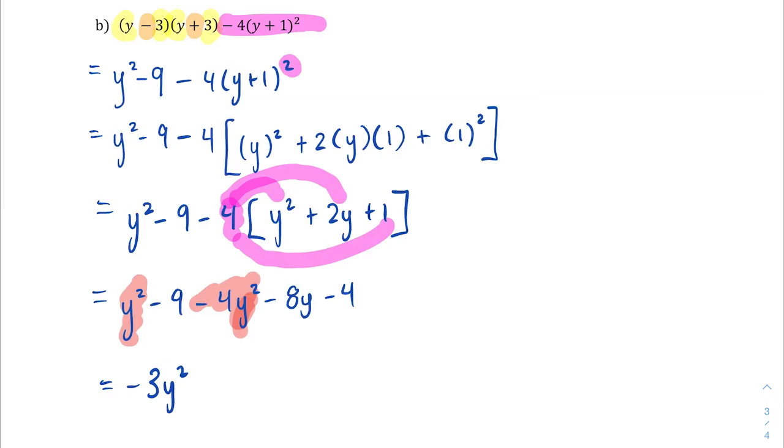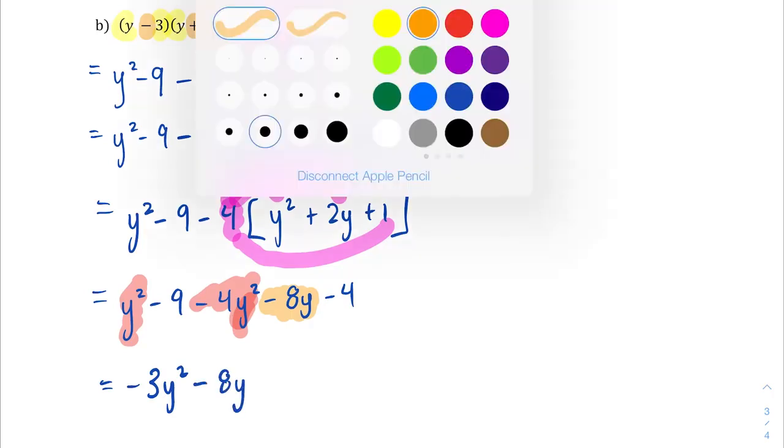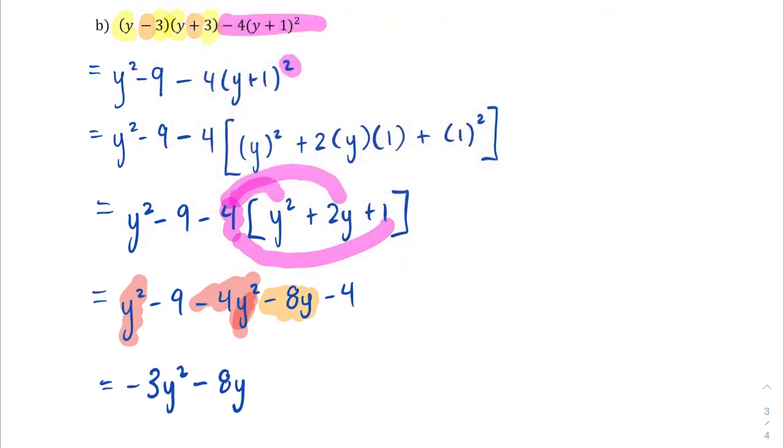Well, in this case, the highest power was y squared. The second one will be to the power y. But that one only had one term, so we just carry it over. And then we look at the constant terms. Here we have a negative 9 and negative 4. So negative 9 minus 4 is negative 13. And then we finish this question.